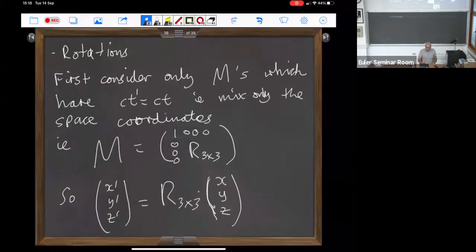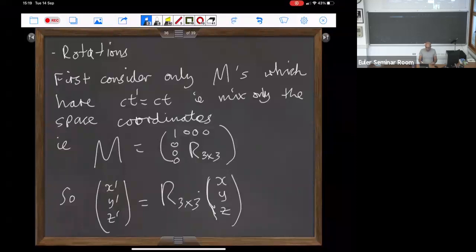Now, Lorentz transformations can be classified into two kinds: what are called rotations, and what are called boosts. The rotations are the transformations which don't change the time coordinates in the two frames, i.e. they mix only the space coordinates.